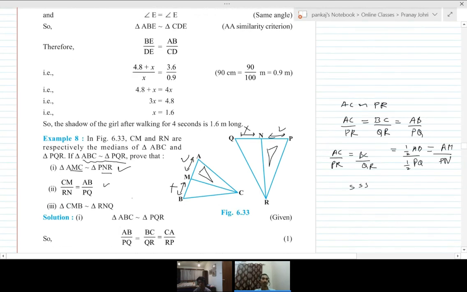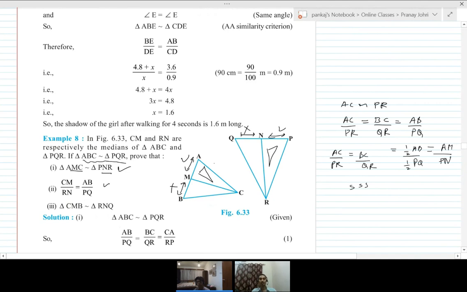Second part. CM by RN is equal to AB by PQ. So we know that we've proved that AMC is similar to PNR.